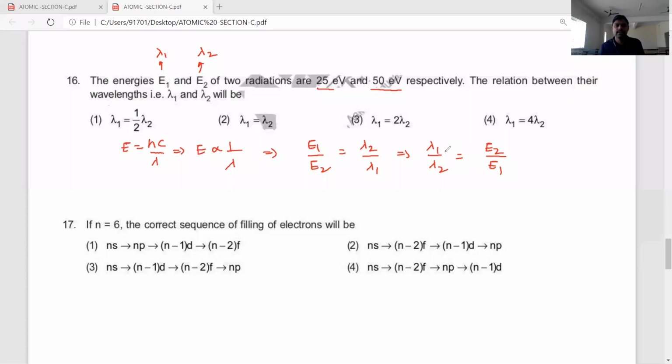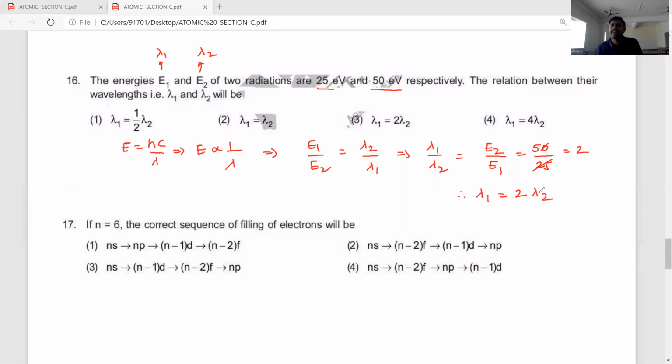They asked for the relation between lambda 1 and lambda 2. What E2 value did they give? 50. What E1 value did they give? 25. So it cancels 2 times, and lambda 1 is equal to 2 into lambda 2, because the first energy is less, so its wavelength is more.